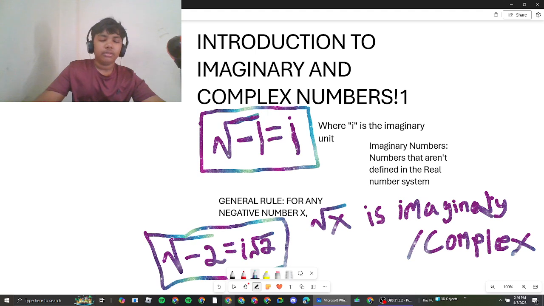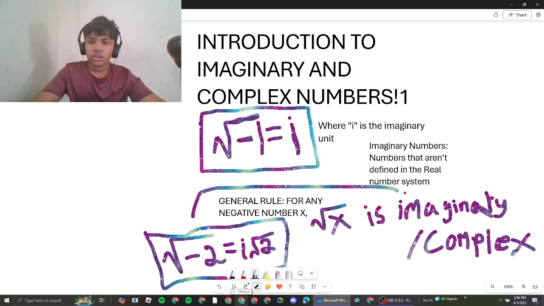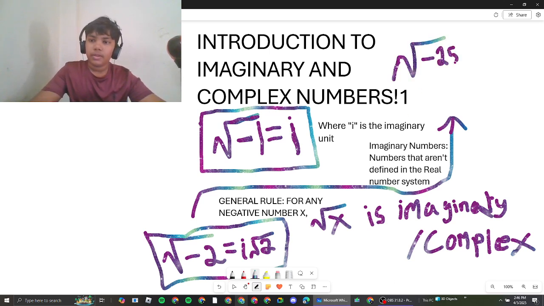So that's the general overview. I hope it's all clear to here. And if you have something, suppose we have the square root of negative 25. You can write this as I times the square root of 25, or we can write this as 5I, because the square root of 25 is 5.